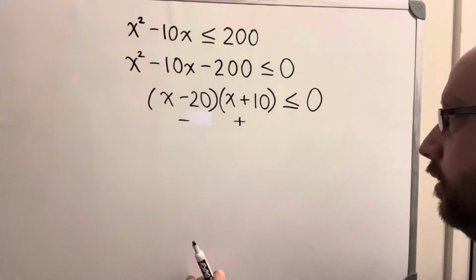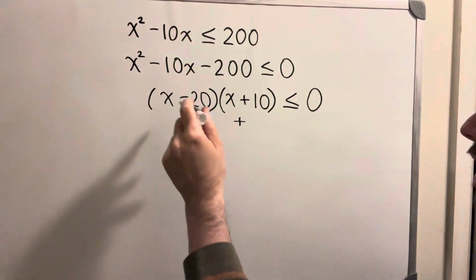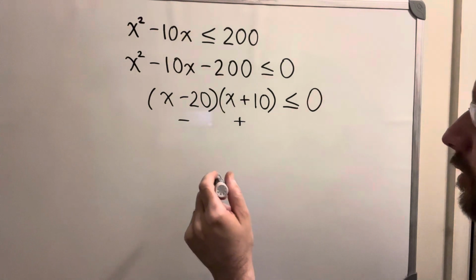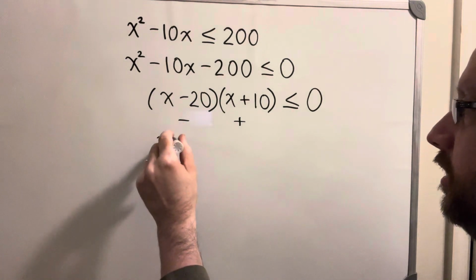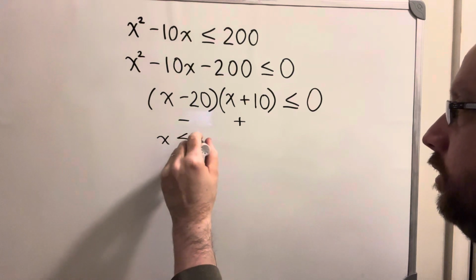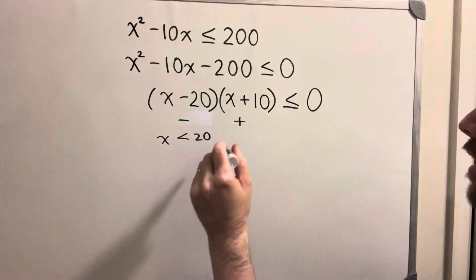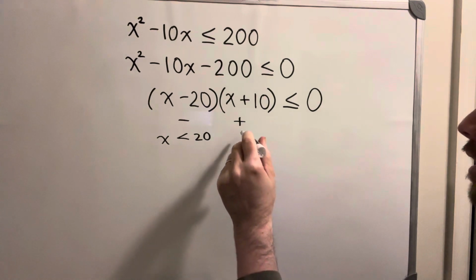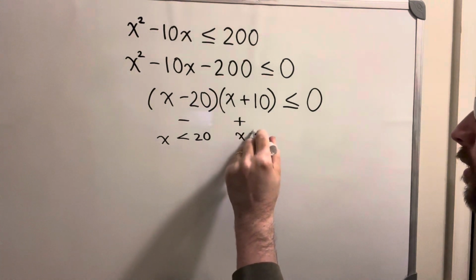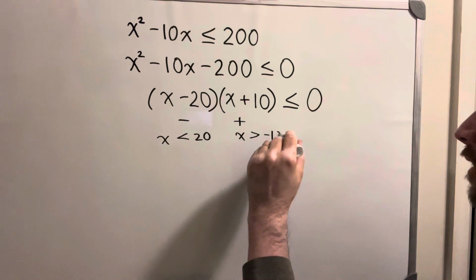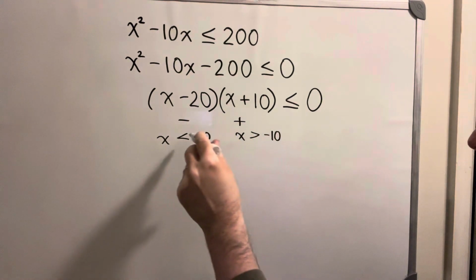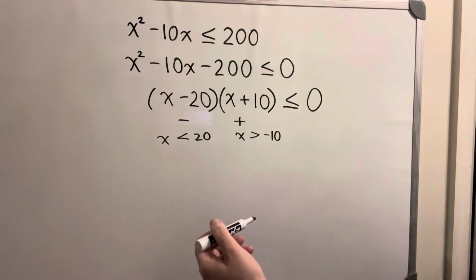Then let's try making this one negative and this one positive. Now for x minus 20 to be negative, we just say x is less than 20. X plus 10 is positive, so x has to be greater than negative 10. Now, can a number be greater than negative 10 and less than 20?